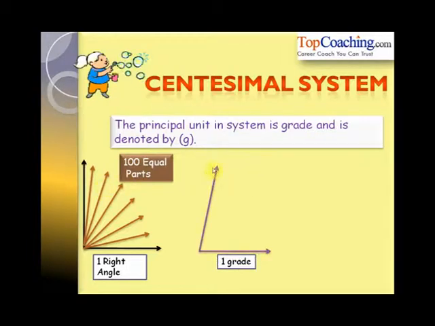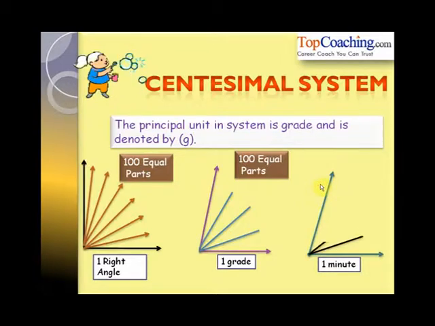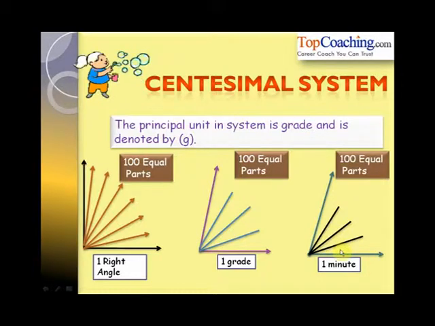Now let us say that this is 1 grade, and again we start dividing this grade into 100 equal parts. So when we divide this into 100 equal parts, we call every equal part 1 minute. Further, let's consider this as 1 minute, and we again start dividing into 100 equal parts. So each of these equal parts is known as 1 second.